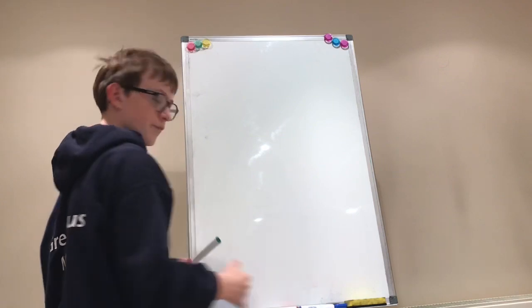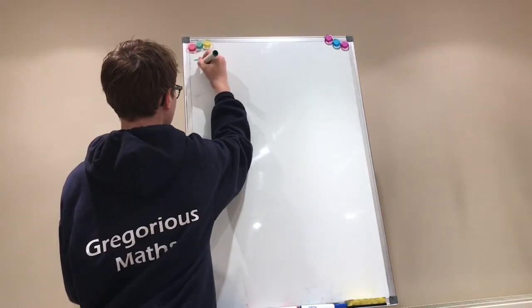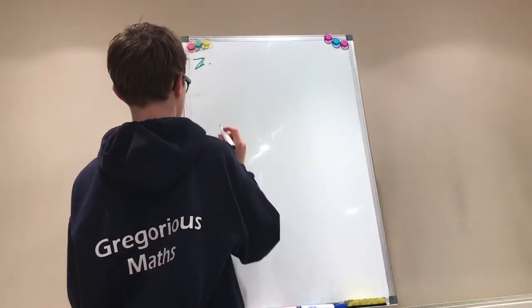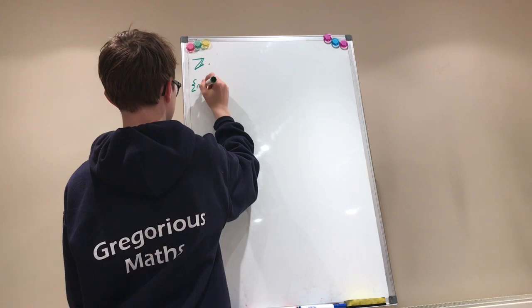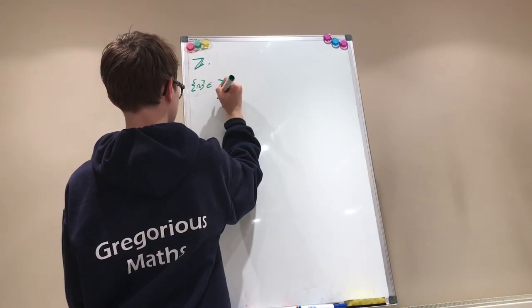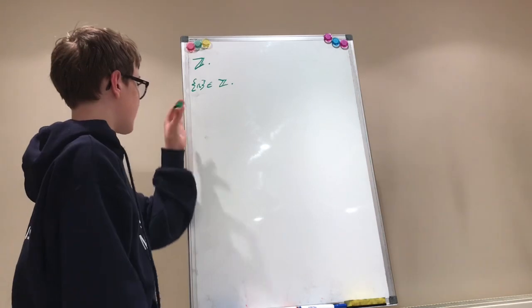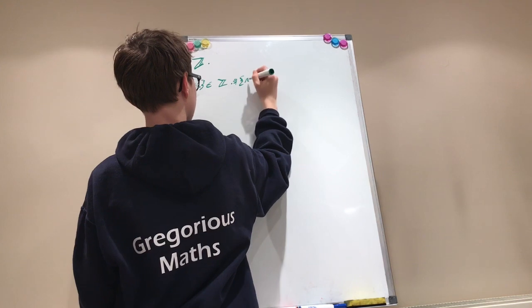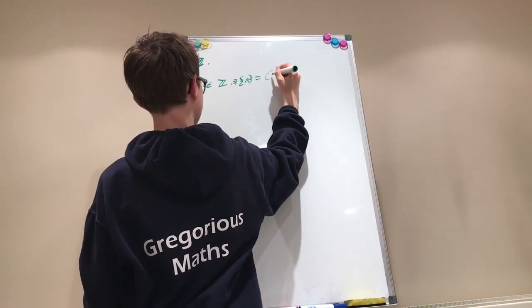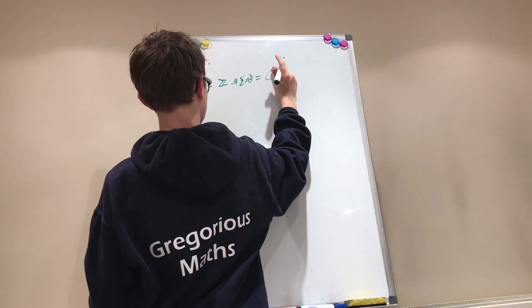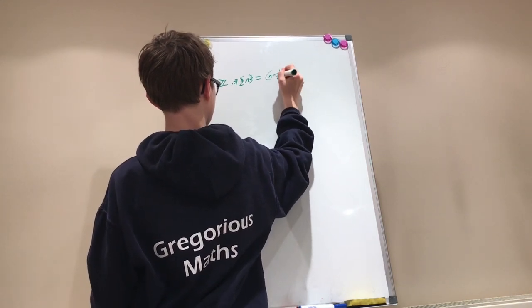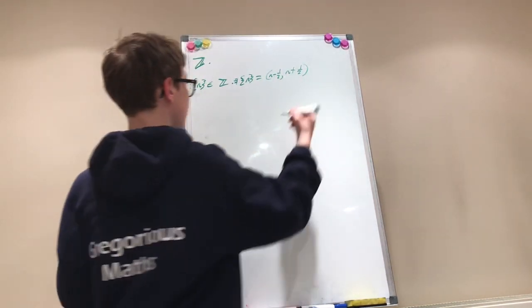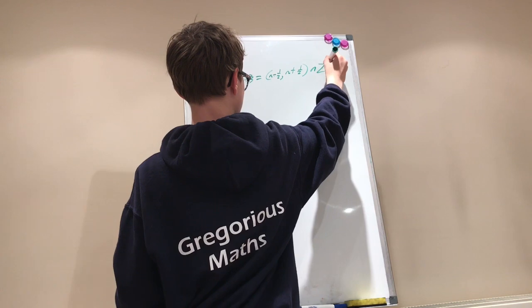So, for example, if we have the integers. If we define n in the integers, that means that {n} is equal to the open interval from n minus a half to n plus a half, intersect the integers.